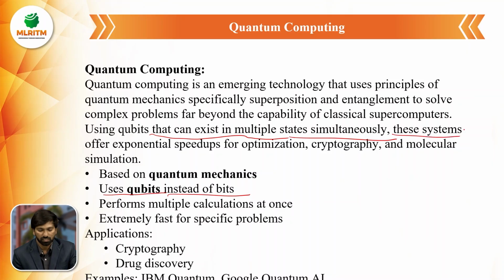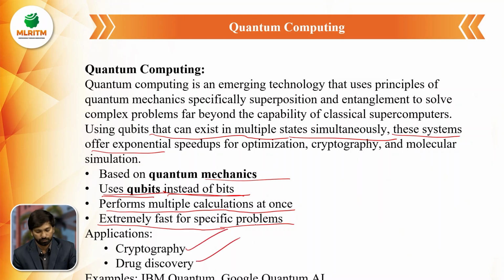These systems offer exponential speedup for optimization, cryptography, and molecular simulation. Based on quantum mechanics, it performs multiple calculations at once, extremely fast for specific problems. Applications of quantum computing are cryptography and drug discovery.